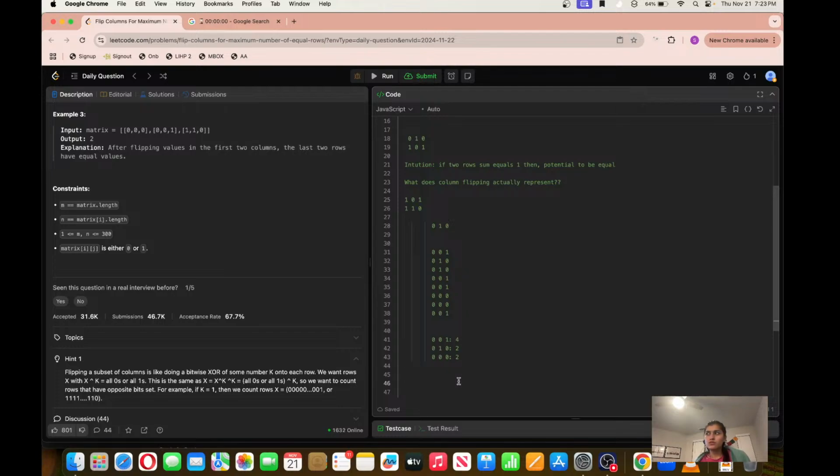In this question, after I got this intuition, I think I was trying to figure out more things. Even after I got this intuition, I was trying to get more intuition by trying to imagine more.